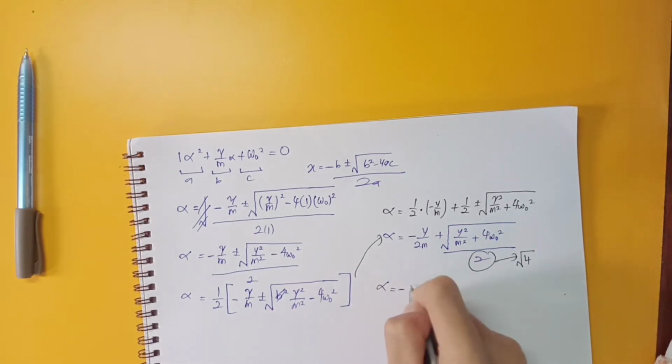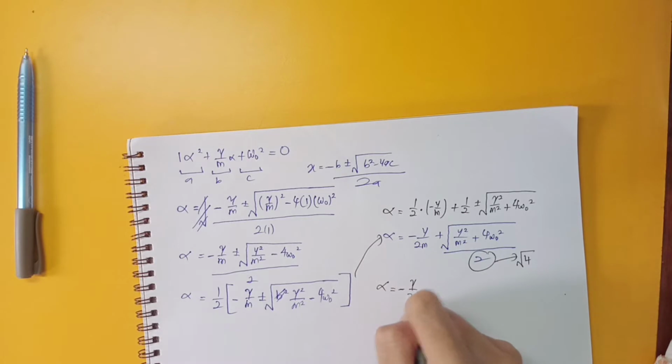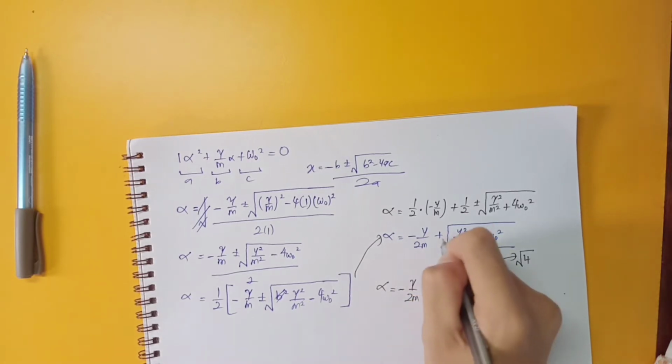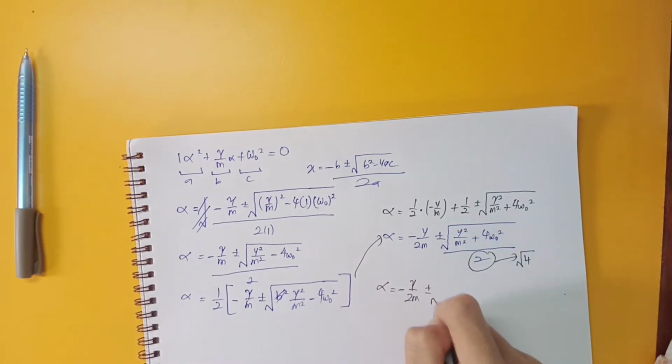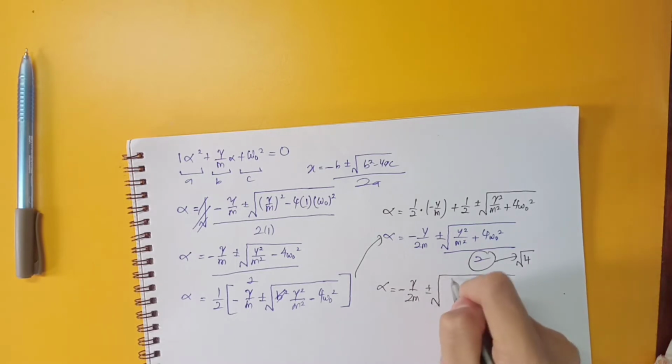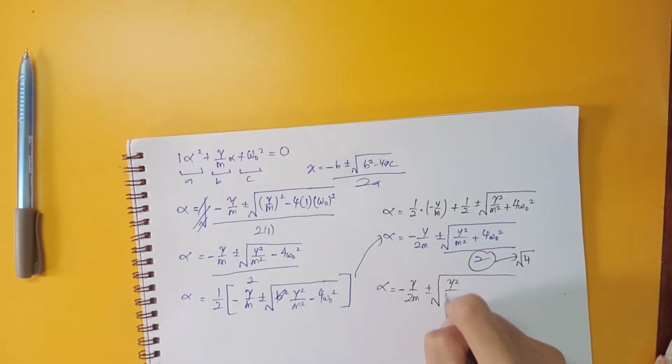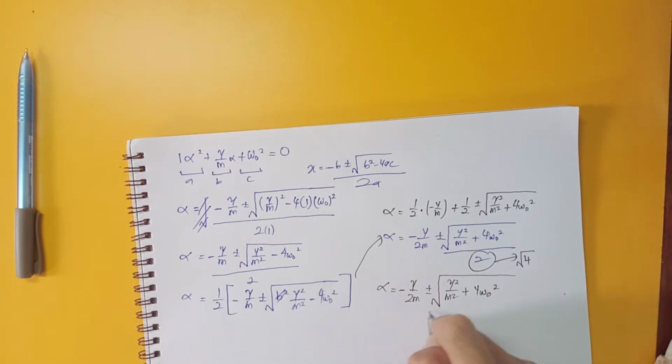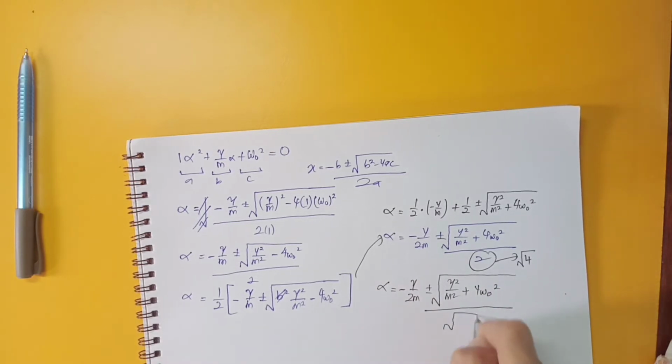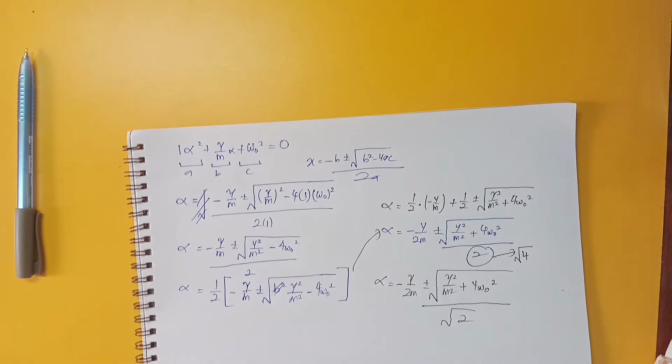Alpha is equal to negative gamma over 2m plus or minus square root of gamma square over m square plus 4 omega naught square over square root 2. Okay, so far so good.